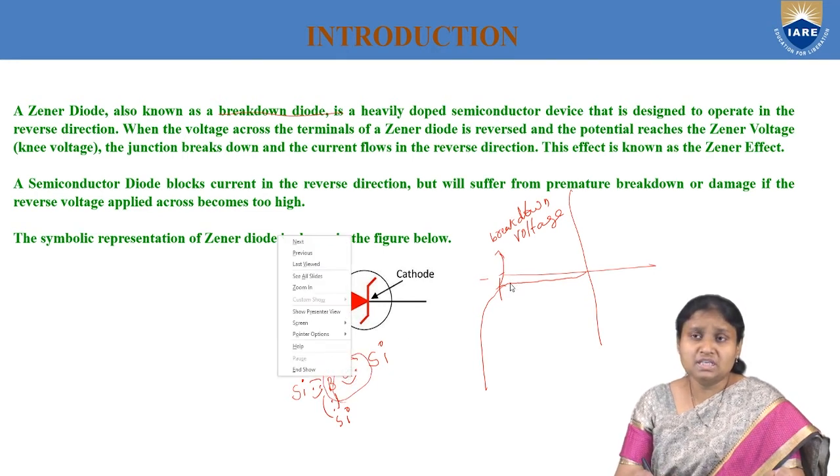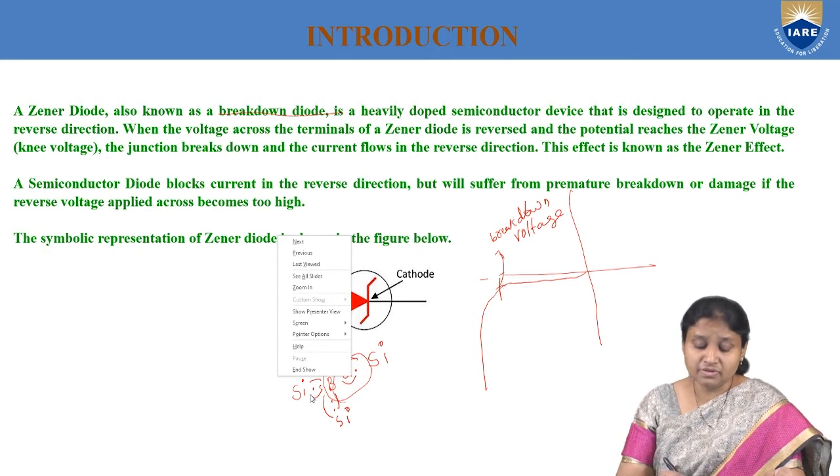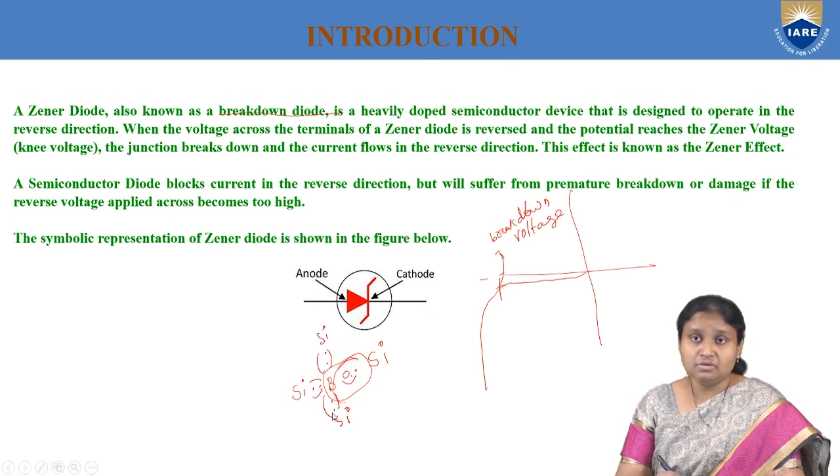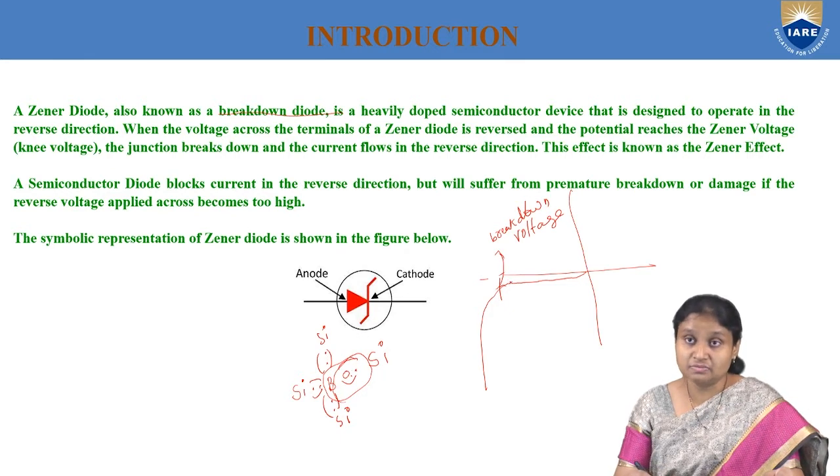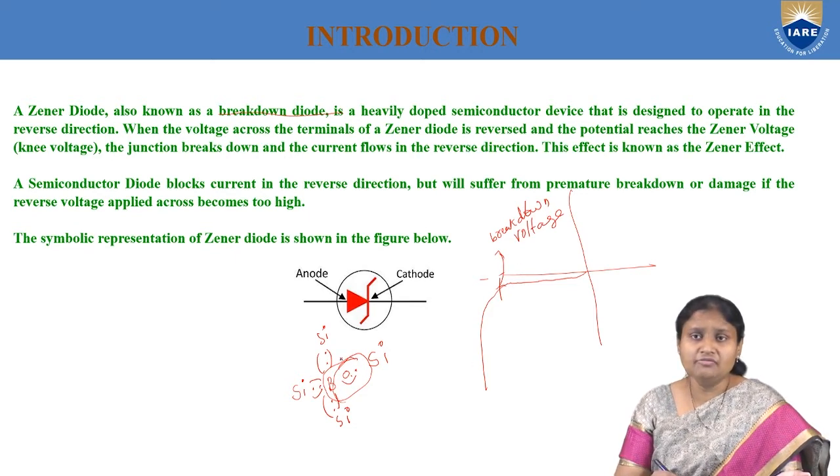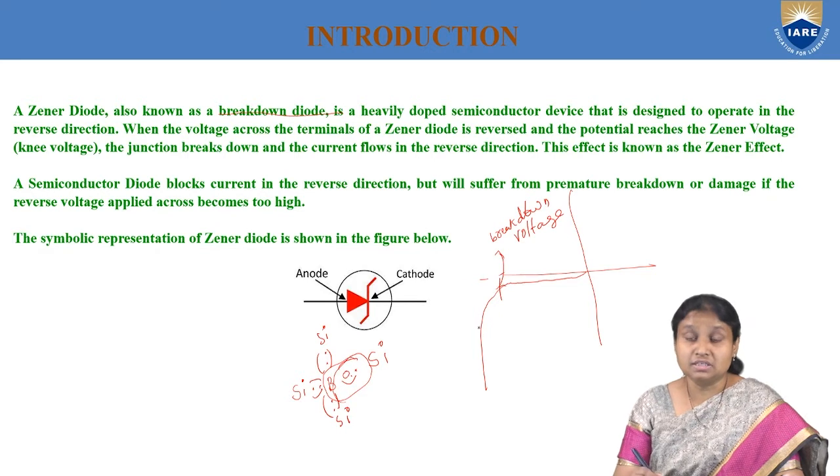But if I go to such a very high breakdown voltage, then at the other positions of intrinsic atoms, all their electrons are taking part in covalent bond formation. At very high reverse bias voltages, they gain enough kinetic energy to break their bonds. They come out of their bonds and move freely, giving rise to a large reverse current. Like this, we have many covalent bonds, and all those bonds will break, and so many electrons come out, giving rise to a large saturation current.